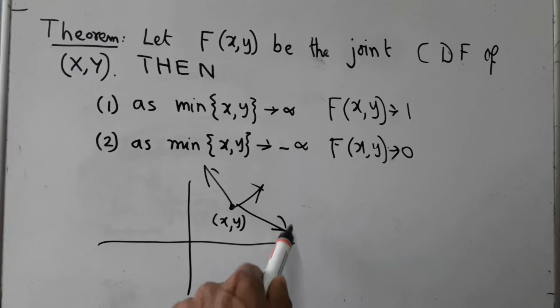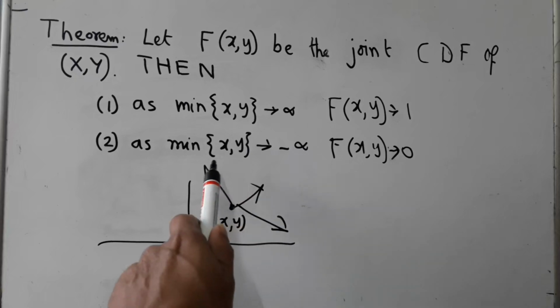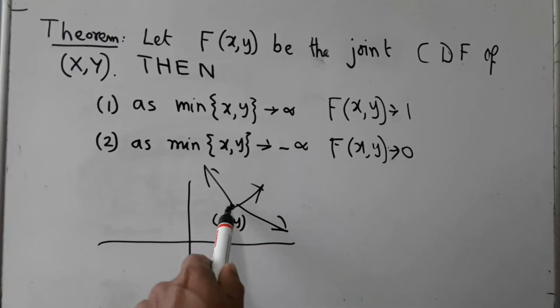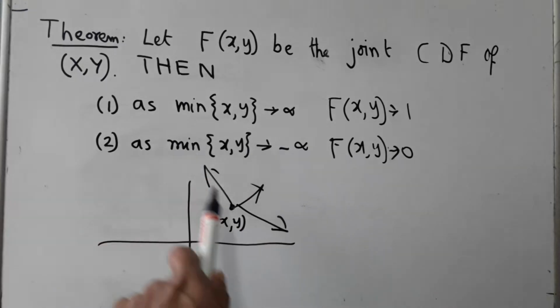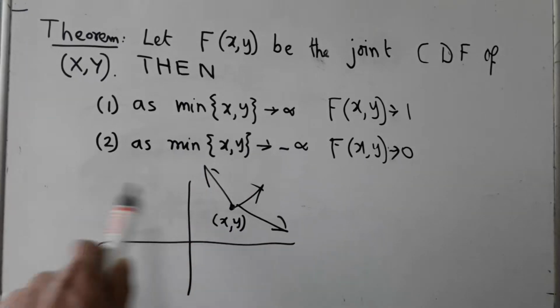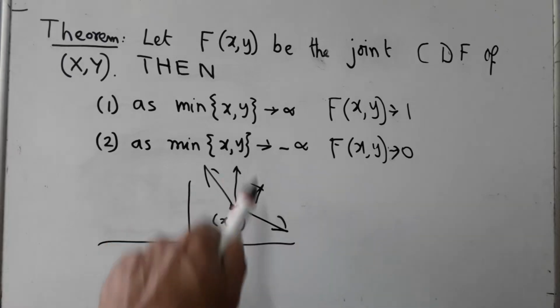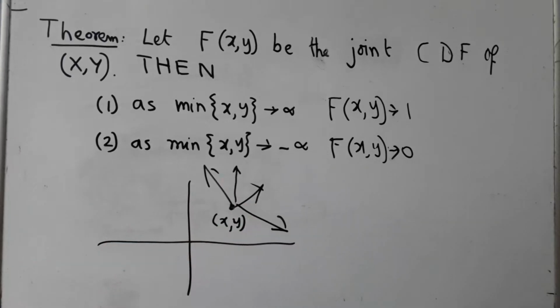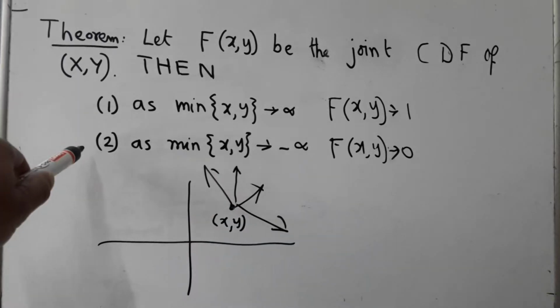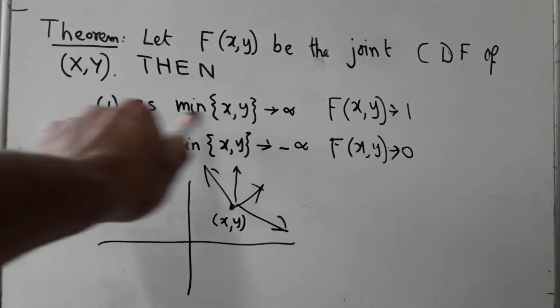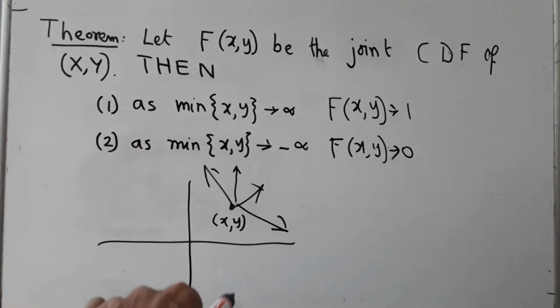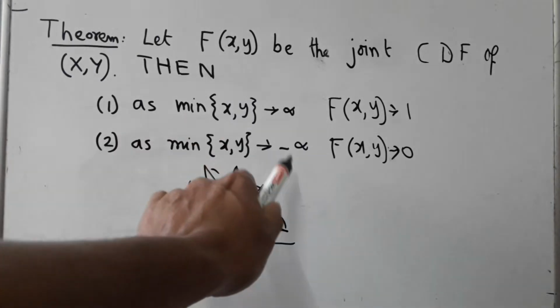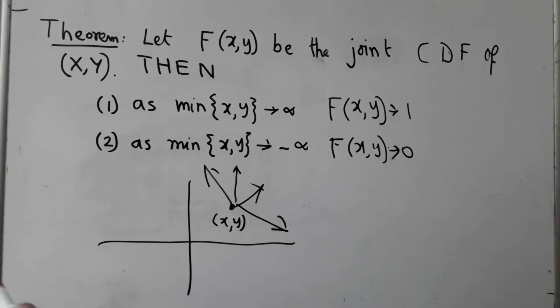In this case, the minimum is going to minus infinity because I am coming down. This one is also going to minus infinity because I am going towards the left. If I go vertically up, in that case, I am in neither this situation nor that situation because the minimum is staying fixed and it is not going towards minus infinity either.